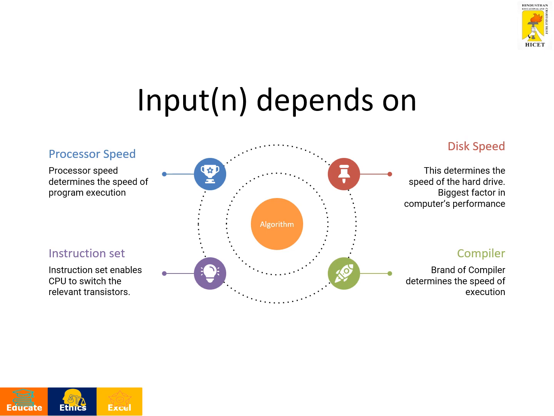Faster disk speeds result in quicker data access and manipulation, reducing the overall runtime of algorithms that rely on disk input-output operations. Optimizing disk access patterns and utilizing caching mechanisms can help mitigate the impact of disk speed on algorithm performance.